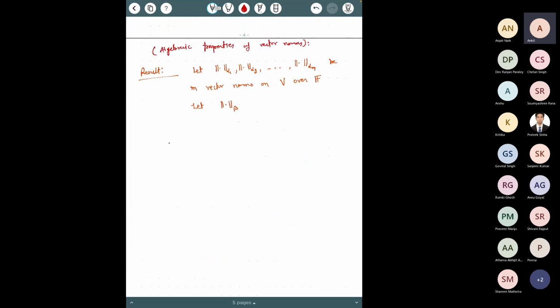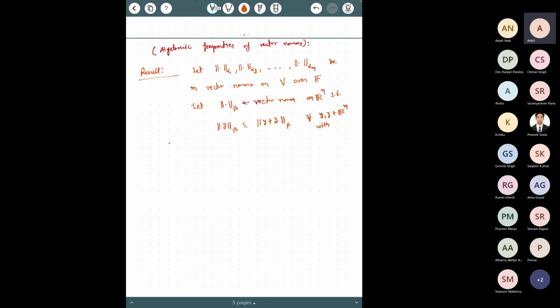So let this be a vector norm on Rn such that it satisfies the following monotonicity: norm of y is less than or equal to norm of y plus z with respect to this norm beta defined on Rn, for all y and z in Rn with non-negative entries.